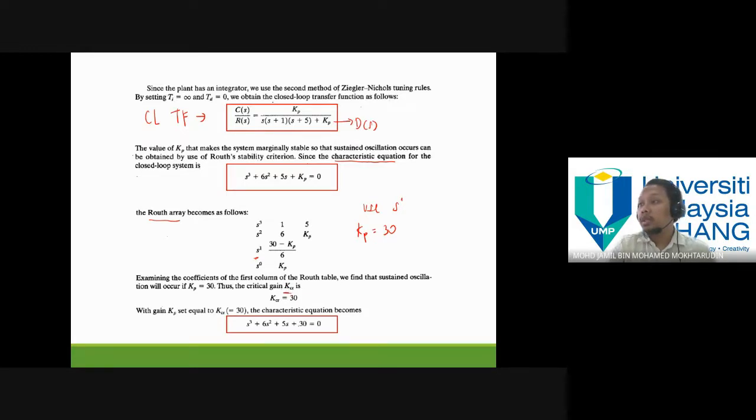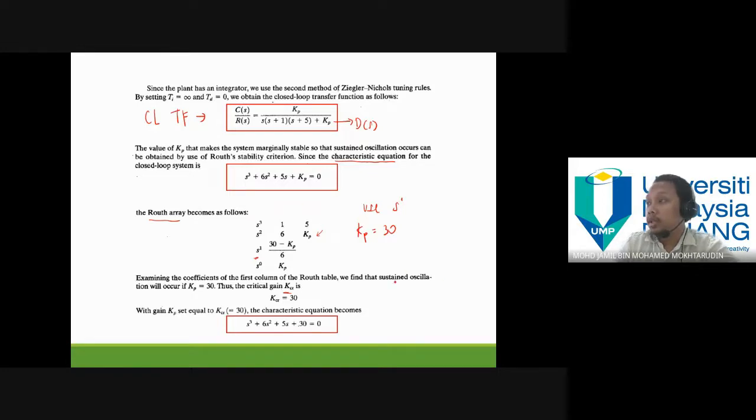And then we use this Kp value, or this KCR, and substitute into the s2 row. Or the way the example does it, it just substitutes in here, but you will get similar results, okay?